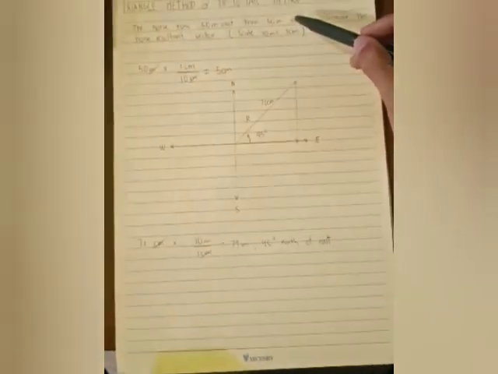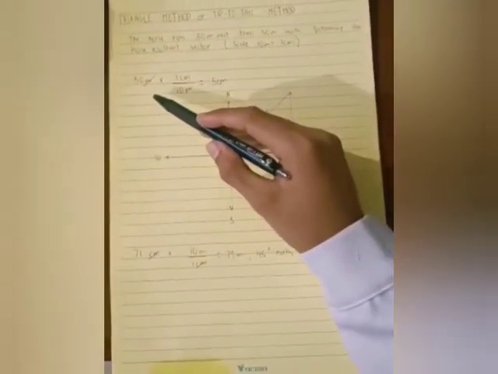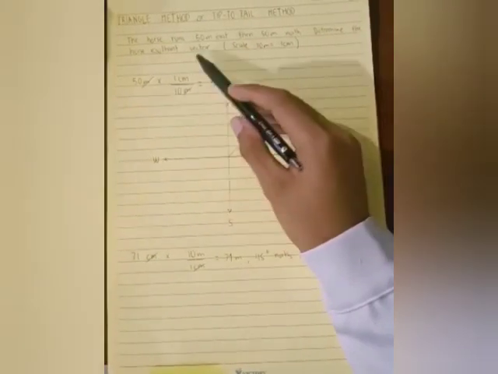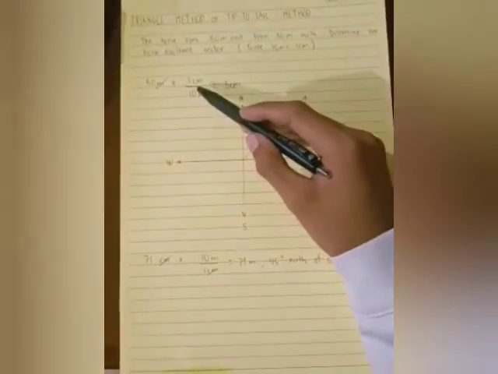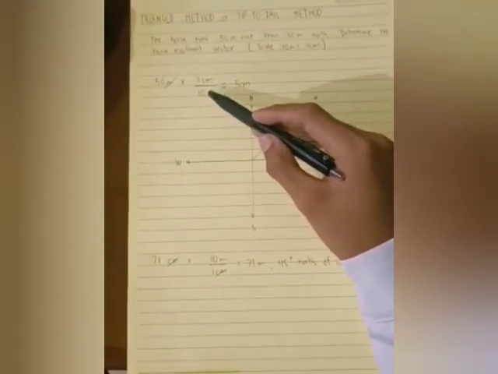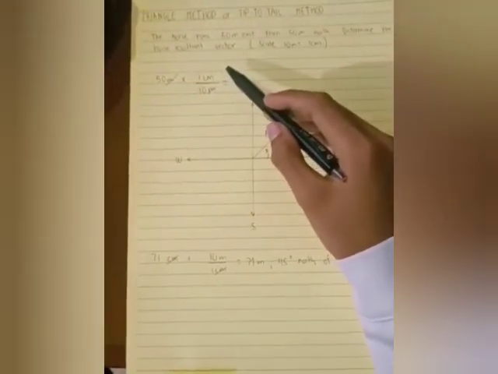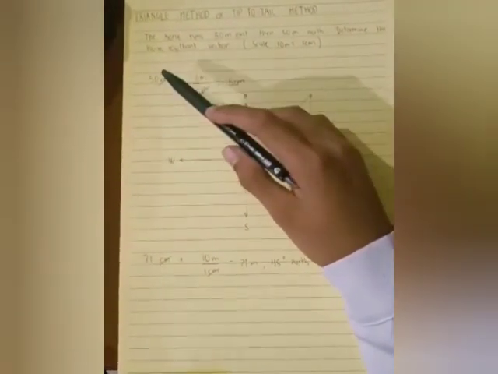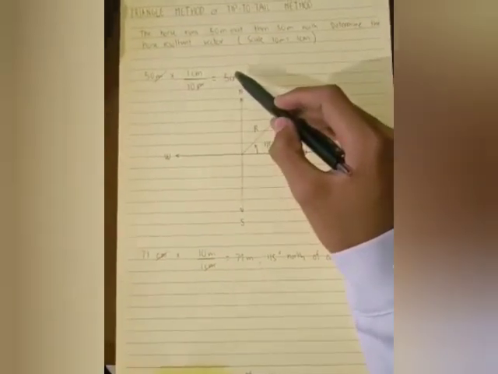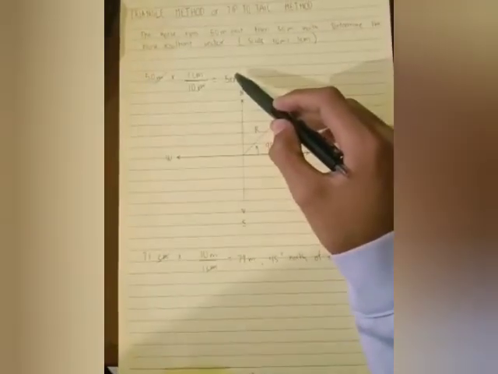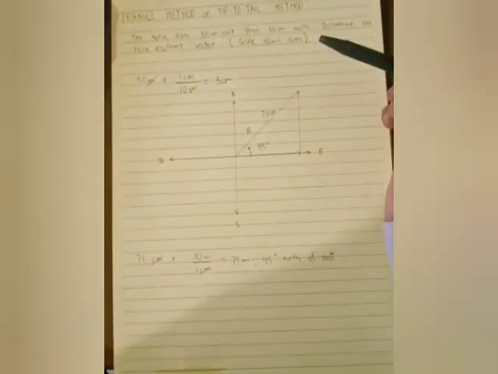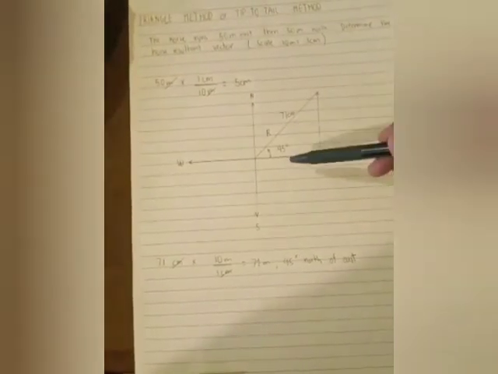So in this, we multiply 50 meters to our scale. Then simply cancel meters, and then we divide 50 by 10, and it will become 5 centimeters. And this is now our graph.